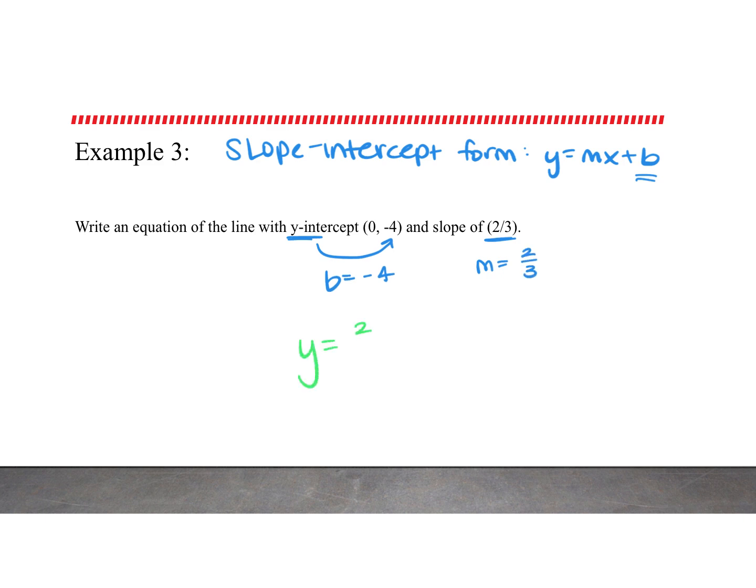So y equals 2/3 for our slope, our variable x, plus a -4 for our y-intercept. Now I added and then I put the negative number. You could leave it like that, or you could switch that to just being a -4. Either one works.